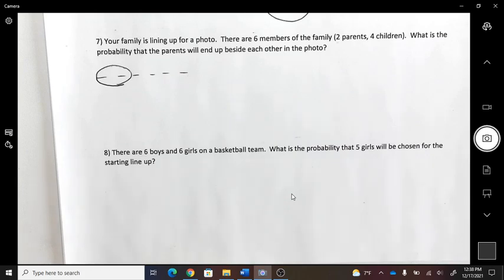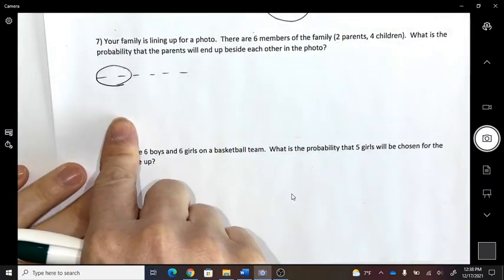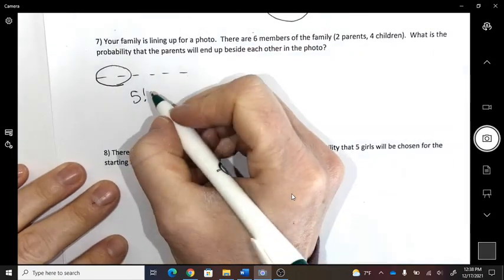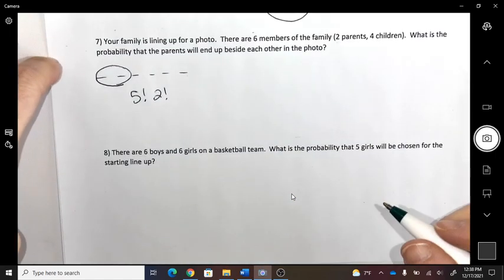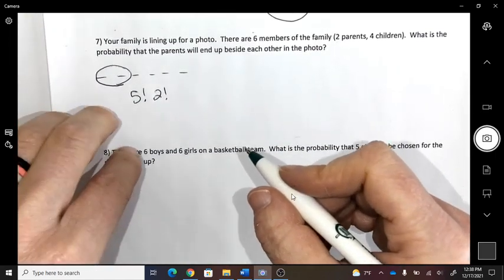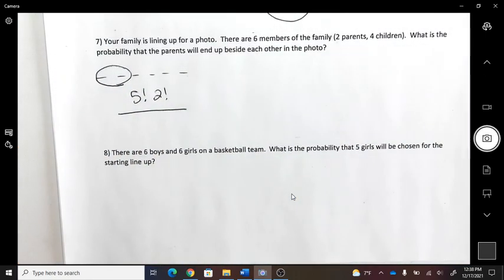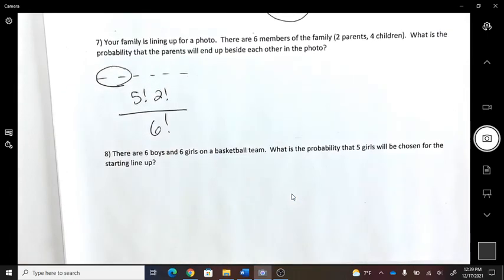Group arrangements, and then within the group, right? So how many things altogether now are you moving around? 5. Then what could the parents do within themselves? 2. So that's this situation, but we need to do a probability. So we need to divide by all of the possible situations. So not with this situation, but what could possibly all happen with 6 members of a family? 6 factorial.